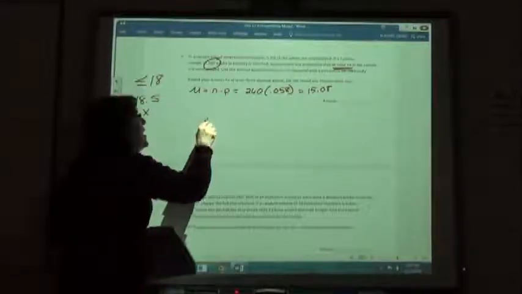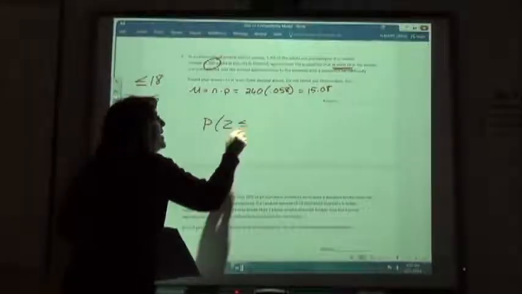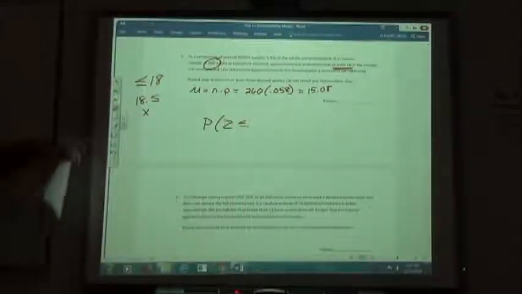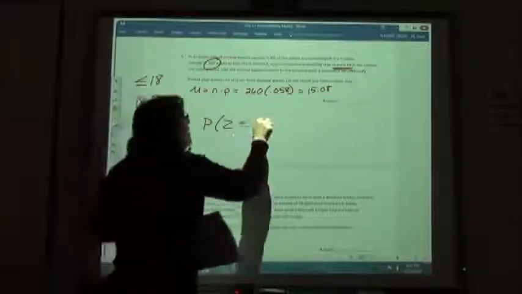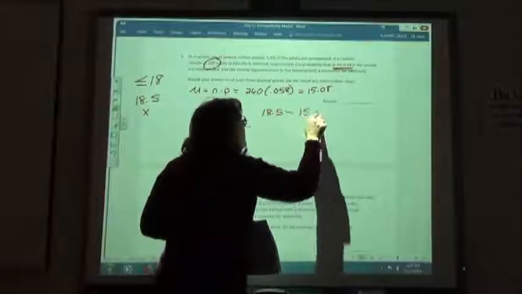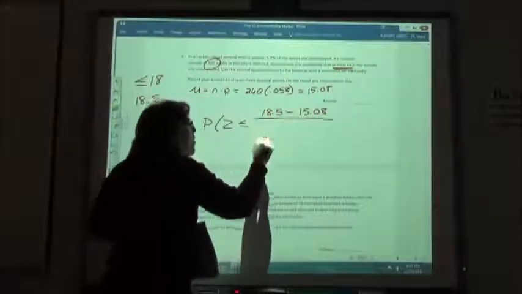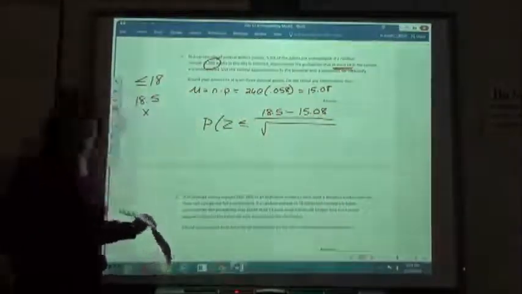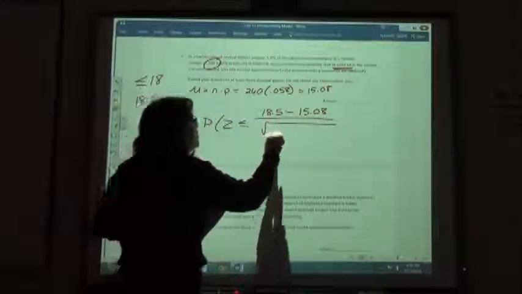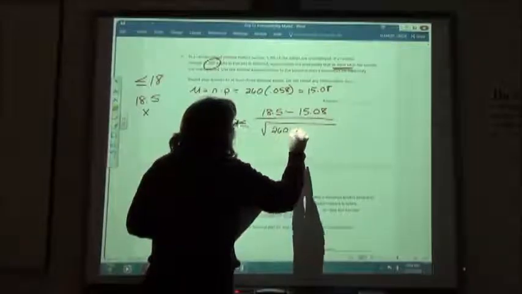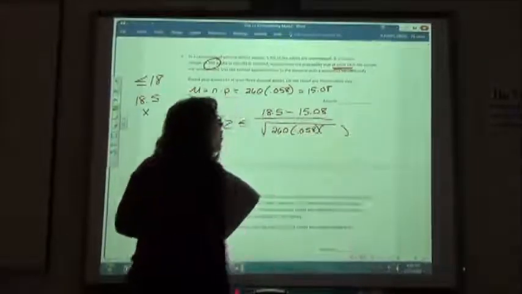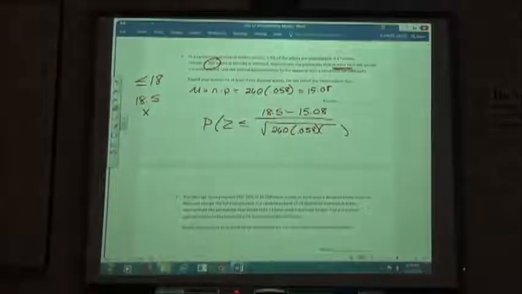We're just going to do the P of Z is less than or equal to, and then our formula. So the X value is 18.5 minus the mean value, which is the 15.08, over our standard deviation, which was our square root of N times P times the 1 minus P. So N was 260, P is 0.058, and I'd want to find out what 1 minus 0.058 is, right?